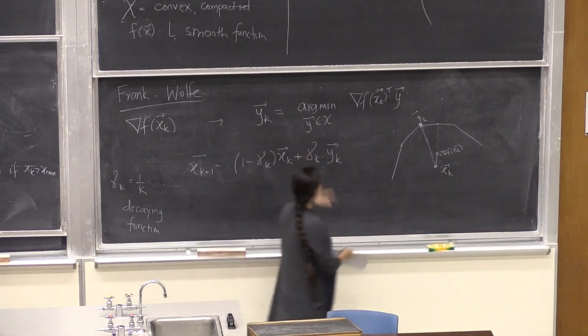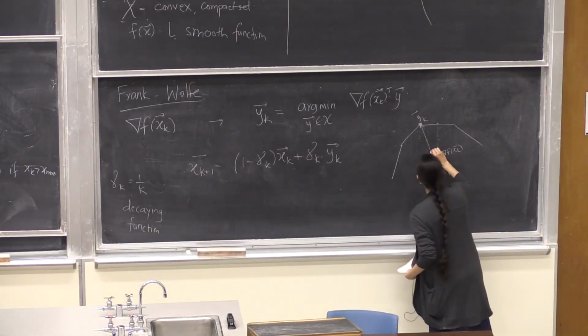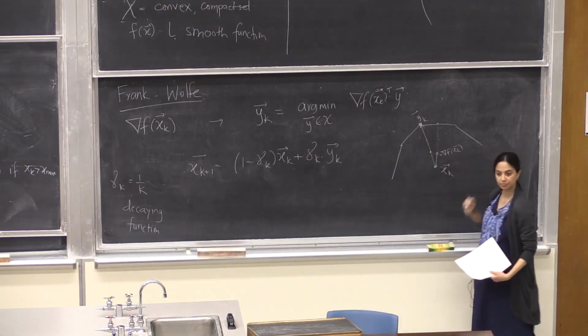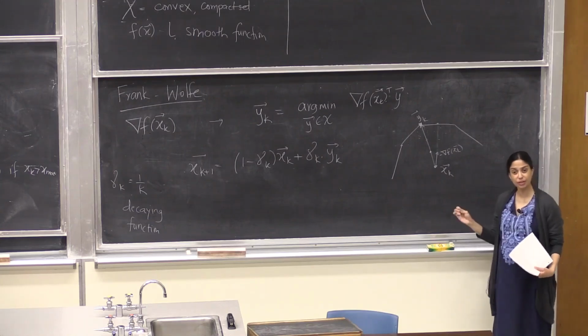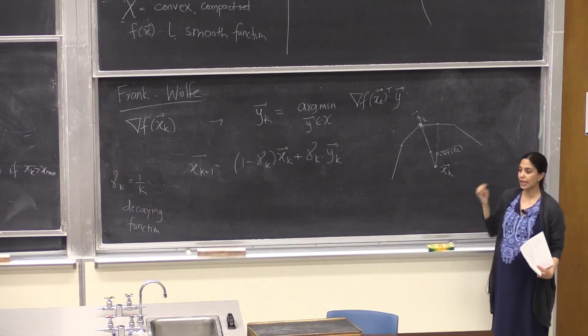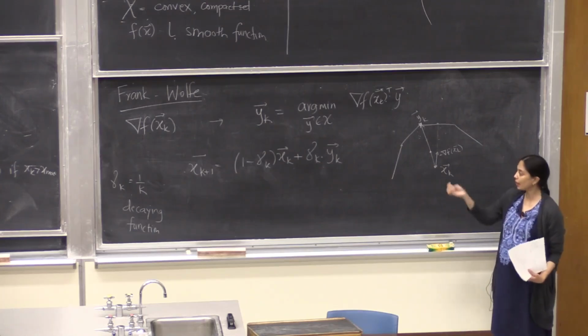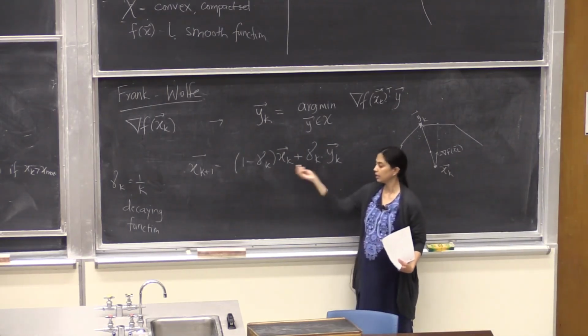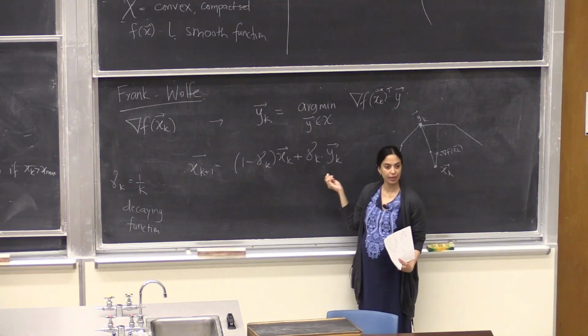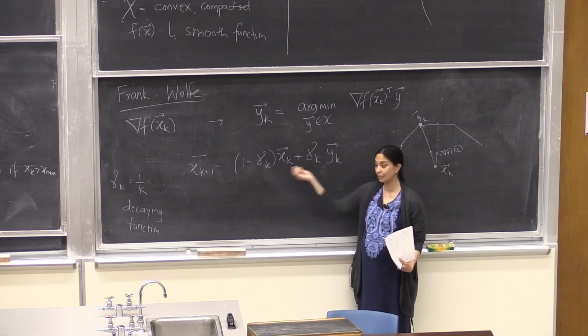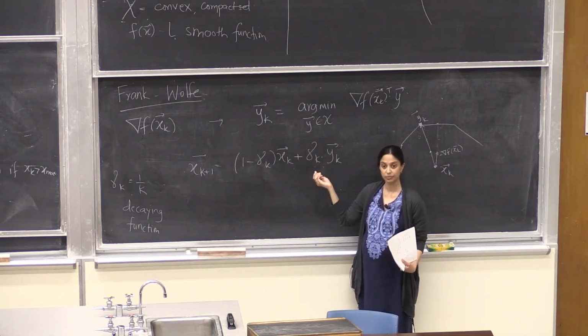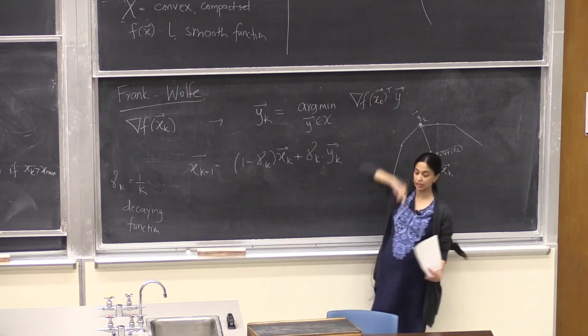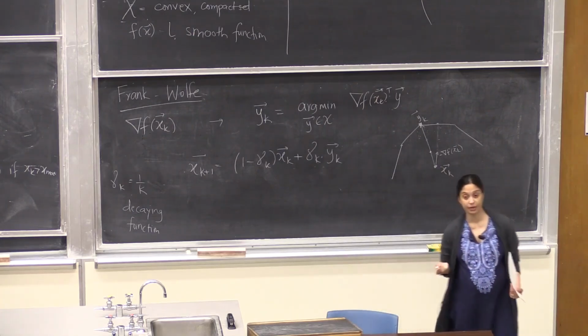And so this would take you to some point in between here, right? Because now you have a convex set, you know that this point is always going to remain in your set, because you're making sure that gamma k and 1 minus gamma k are less than 1, which you don't necessarily have when you take any arbitrary gradient step.